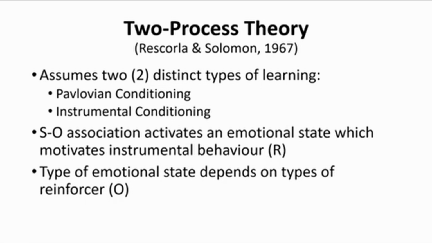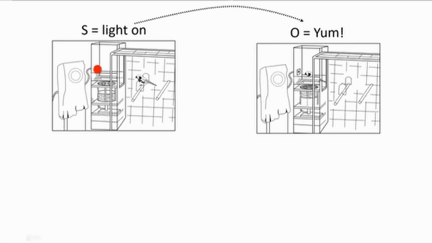The type of emotional state that happens will depend on the type of reinforcer, and the emotional state can be either positive or negative, appetitive or aversive, depending on that type of reinforcer. So if we head back to our bird in an operant box example, we have our SO association being shown here.